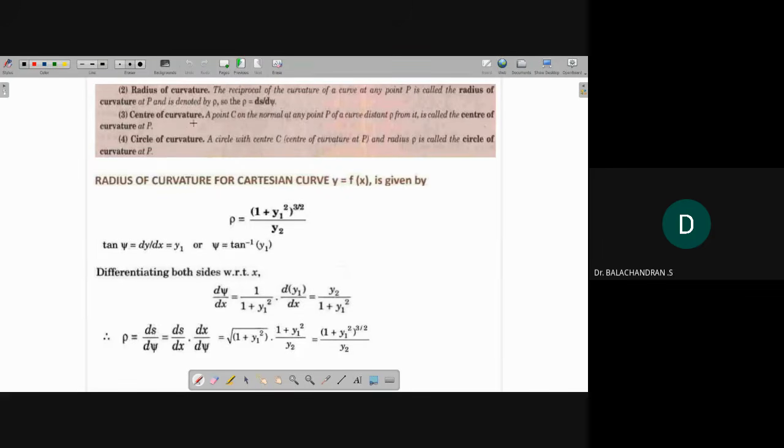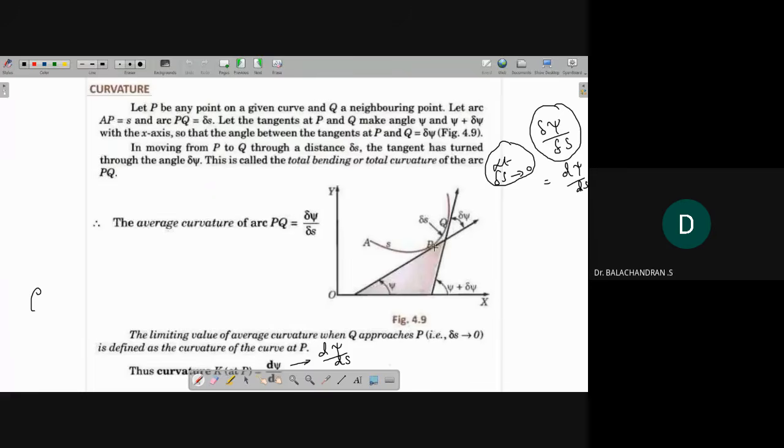Third definition, center of curvature. You should draw a normal to the tangent like this. Imagine it is a straight line.